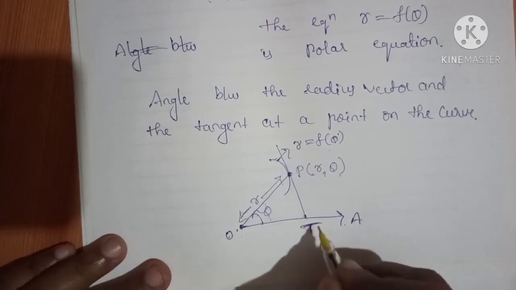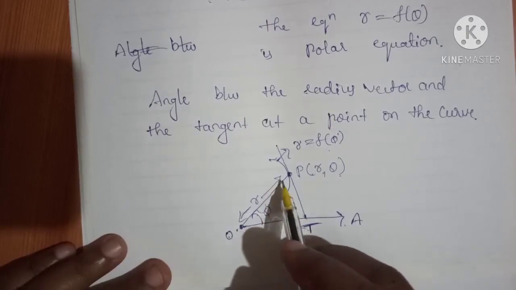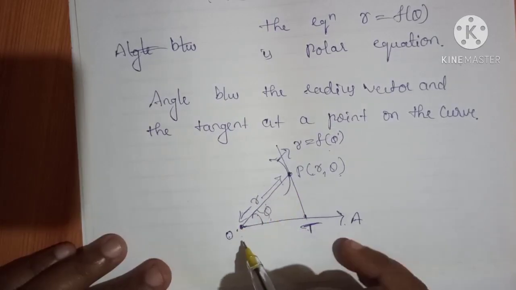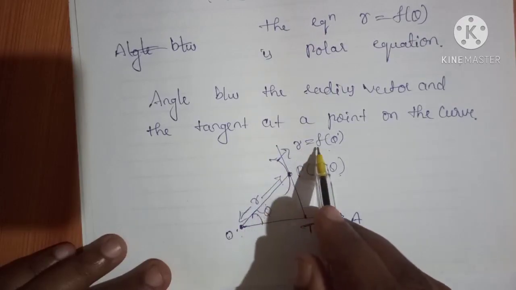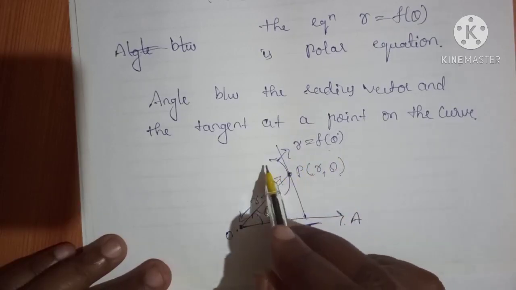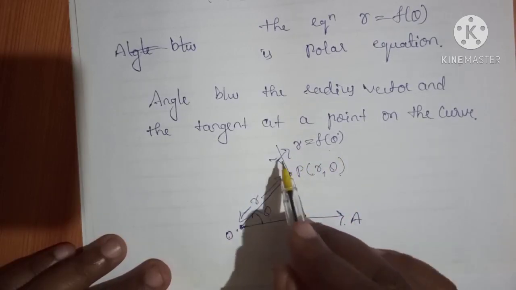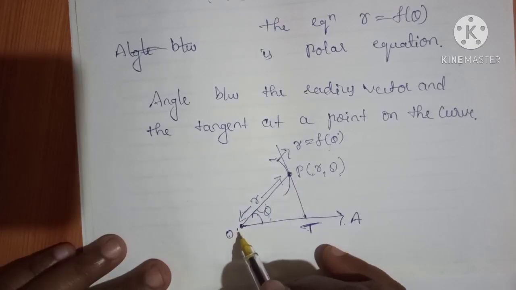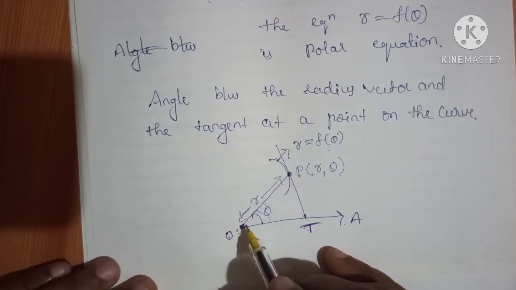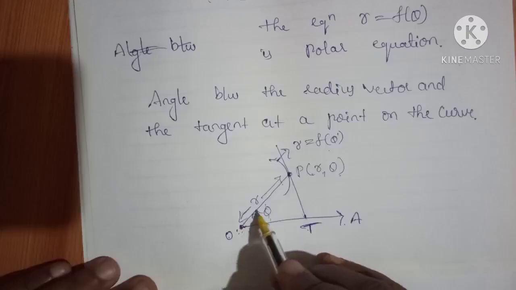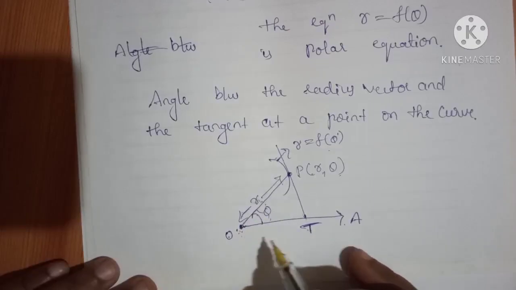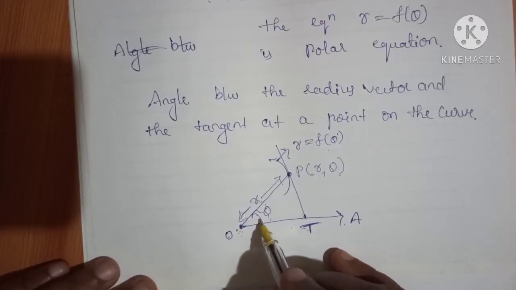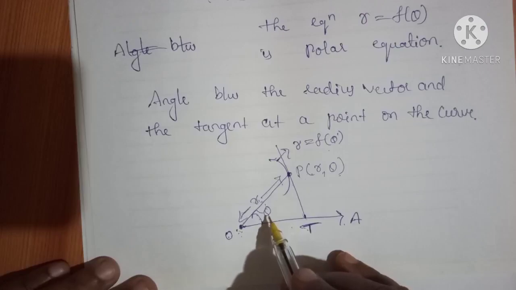Once again, I repeat: consider a curve whose equation is r equals f of theta. Let P be any point on this curve. Now join this fixed point, the pole O, and P. This gives the radius vector, and the angle between this radius vector and the initial line gives theta, that is, the vectorial angle.